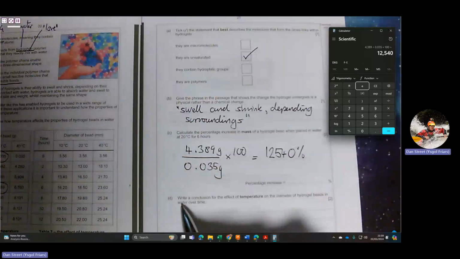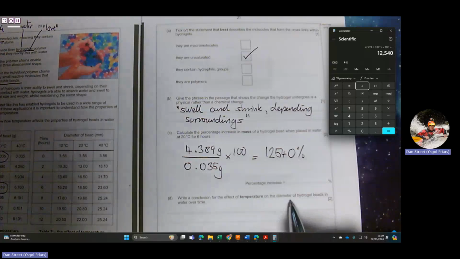All right. Write a conclusion for the effect of temperature on the diameter of hydrogel beads in water over time.